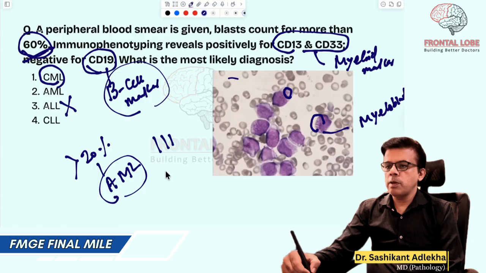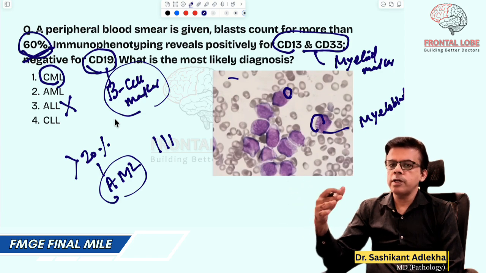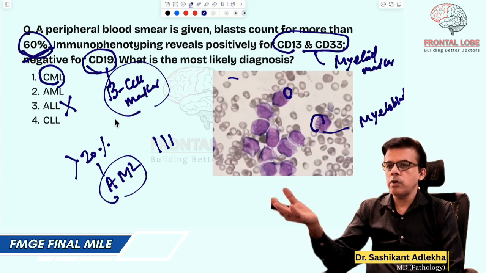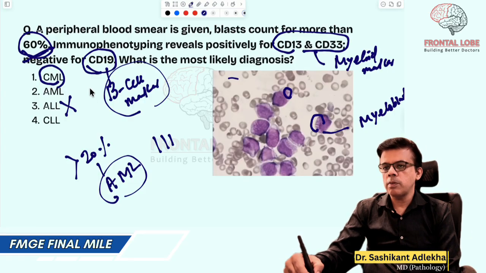Chronic phase of CML blast count is generally less than 5% or 10%, accelerated phase between 10 to 19%, and if it is 20% or more, it is blastic phase, which is nothing but a conversion of CML to AML, or sometimes even CML can convert to ALL as well. But coming to the question, the answer is AML because of 60% blasts, CD13 and CD33 positivity, Auer rods positive, negative for CD19.